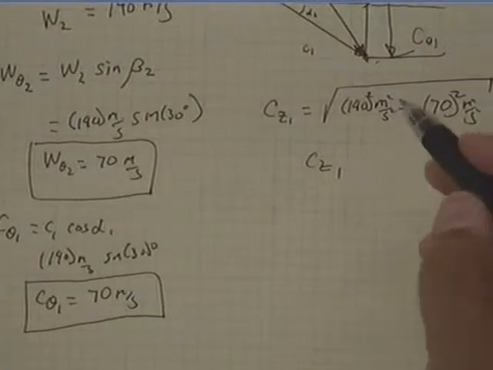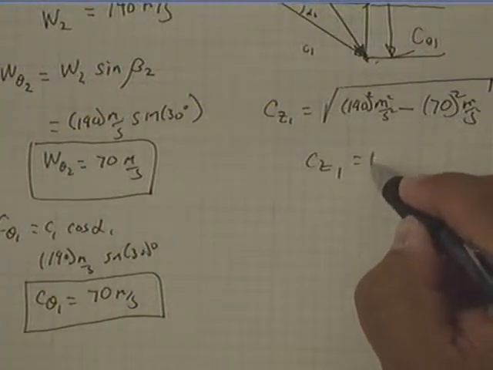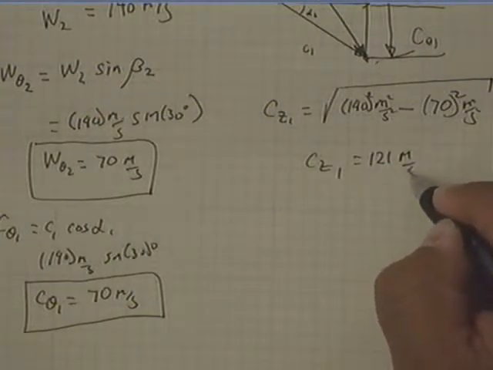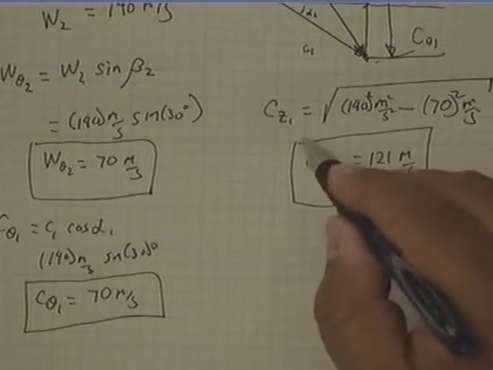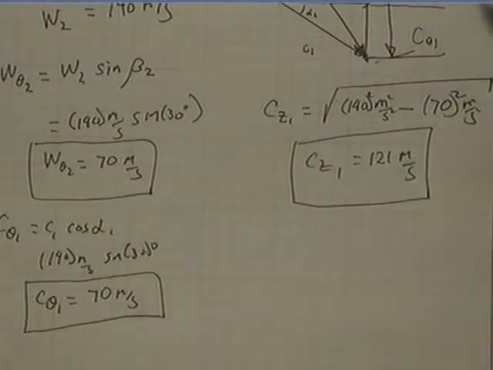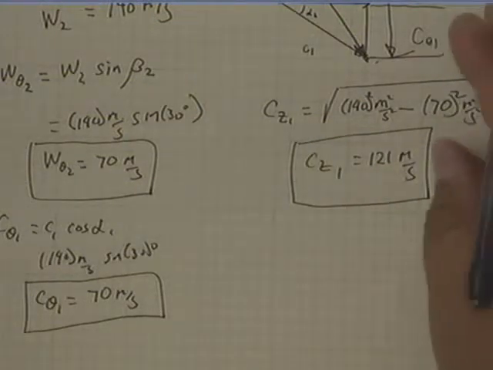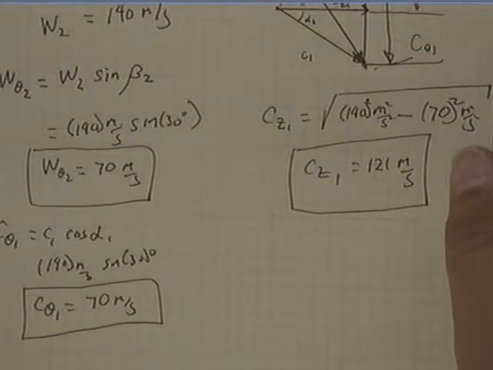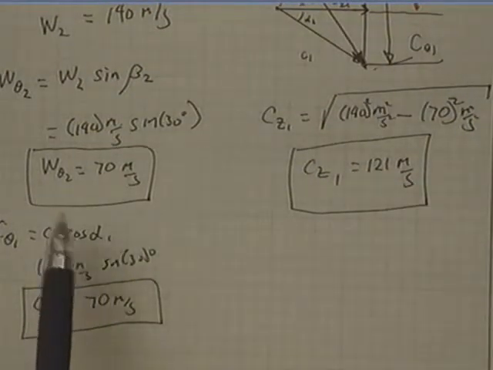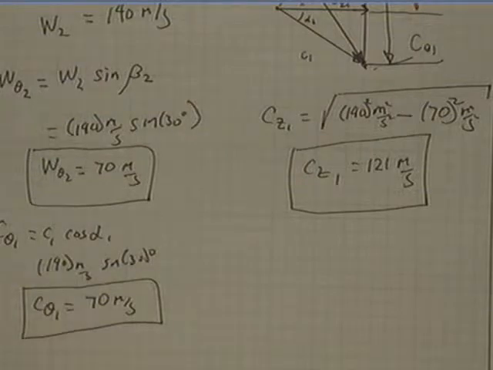CZ1 is then 121 meters per second, which means you know what CZ2 is because we said we're assuming those are equal. So I know the tangential relative velocity at 2, I know the tangential velocity at 1, I know CZ. What I really need to get to is C theta 2.